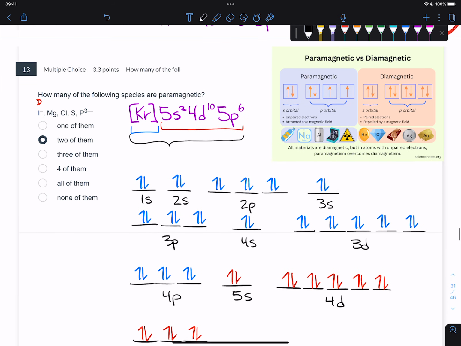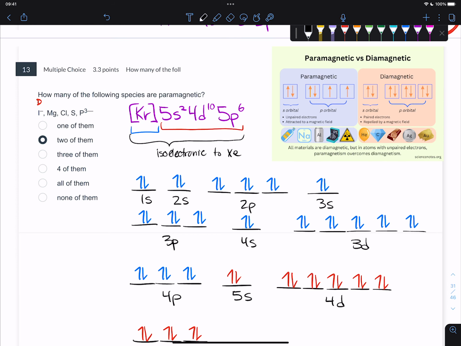Xenon. So I'm going to say isoelectronic to xenon. So if something assumes the electron configuration of a noble gas, if it loses or gains electrons, so it's isoelectronic, then it's going to be diamagnetic, not paramagnetic. So that makes iodide diamagnetic.